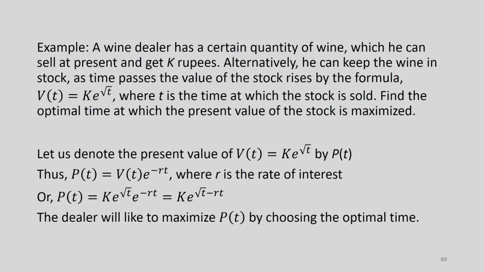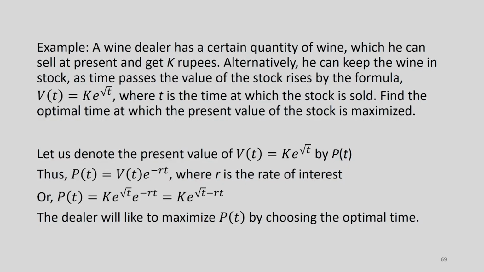Okay, here is another example again from the world of economics. A wine dealer has a certain quantity of wine which he can sell at present, that means right now, and get k rupees. Alternatively, he can keep the wine in stock.